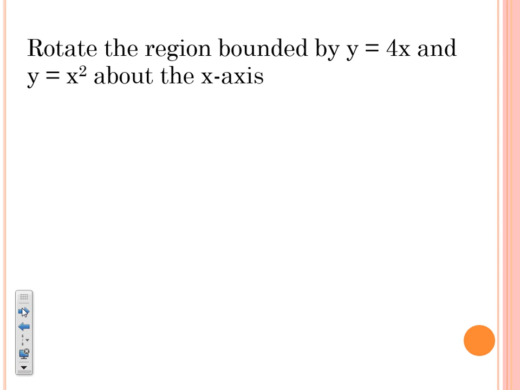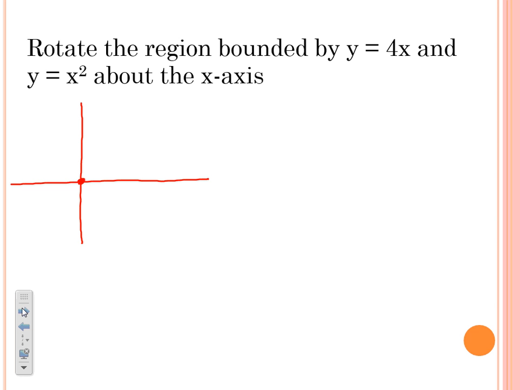Okay, changing the game here a little bit. We're going to rotate about the x-axis. So y equals 4x and y equals x squared. Where would these two meet? 0, 0.